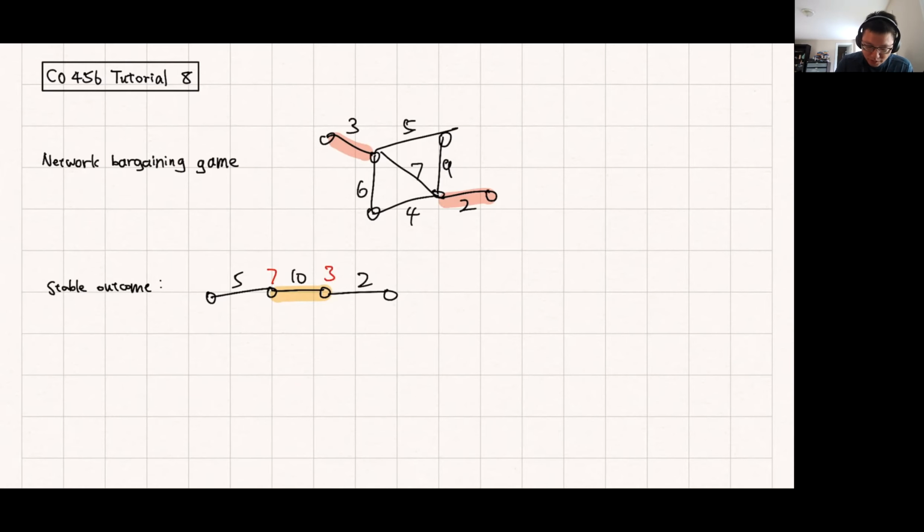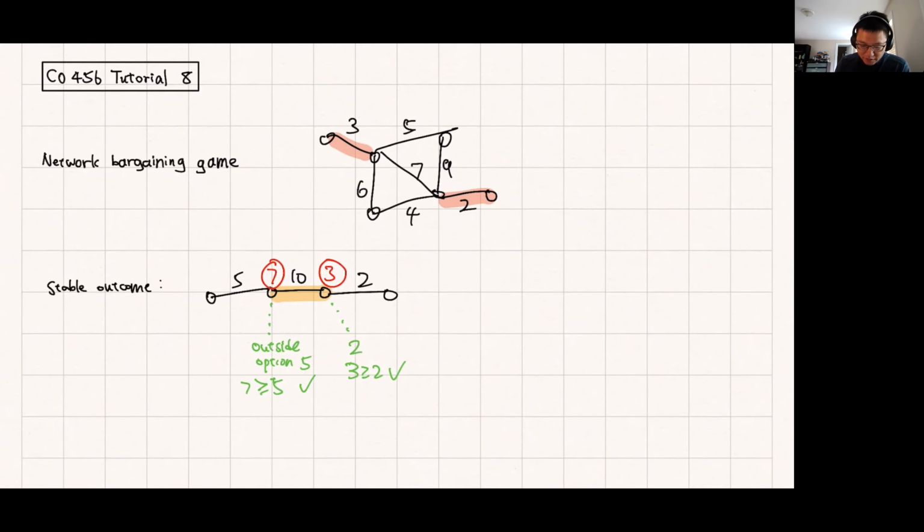The outside option for player 1 is 5. 7 is greater than or equal to 5, so that's good. The outside option is 2, and 3 is greater than or equal to 2, so that's also good. So that's a stable outcome.